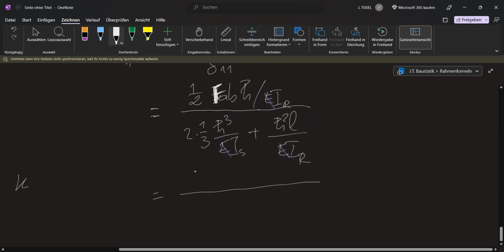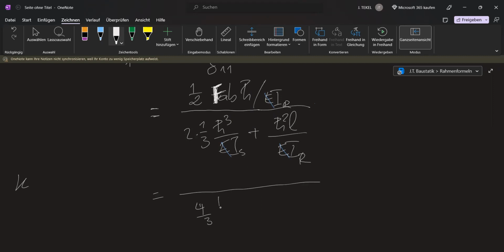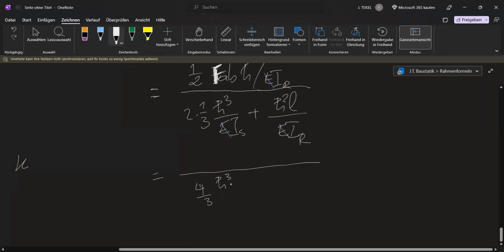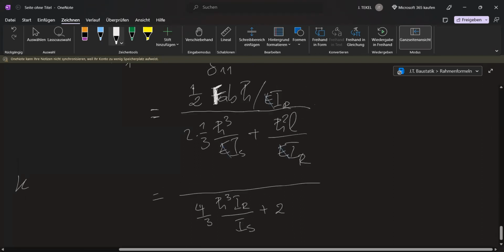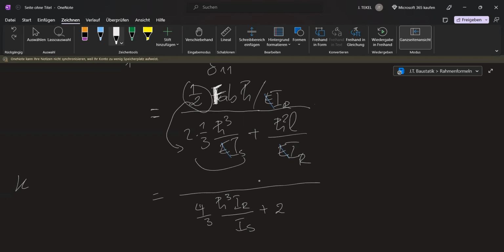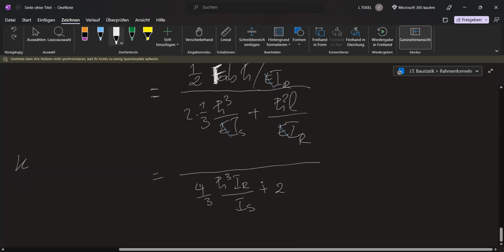So what are we going to get? This 1/2, I can send it down there. So it's going to be 4/3 H cubed times IR divided by IS plus 2. This 2, I just send it down, so I multiply times 2 for the first element and times 2 for the second element. And I multiply the numerator and denominator times IR, and that's what's happening here.